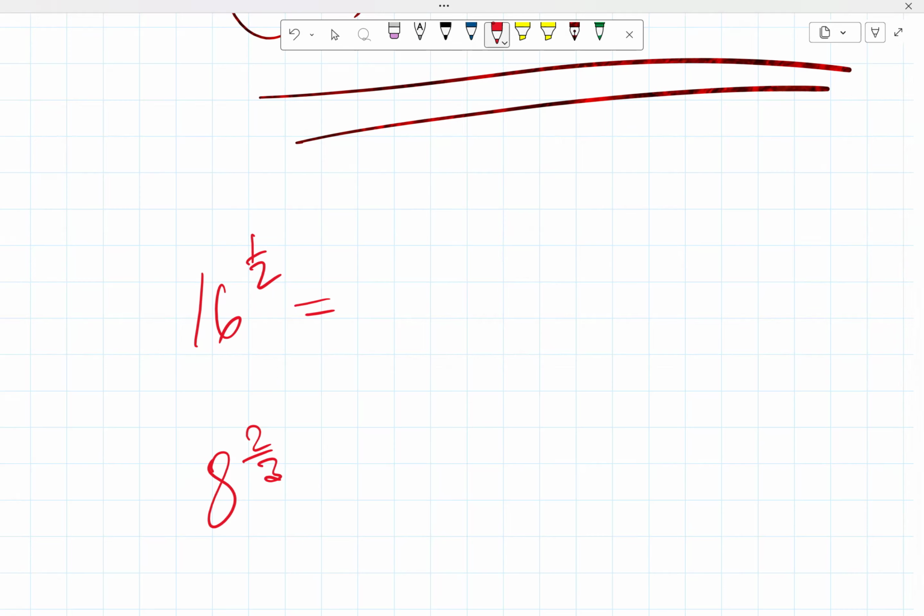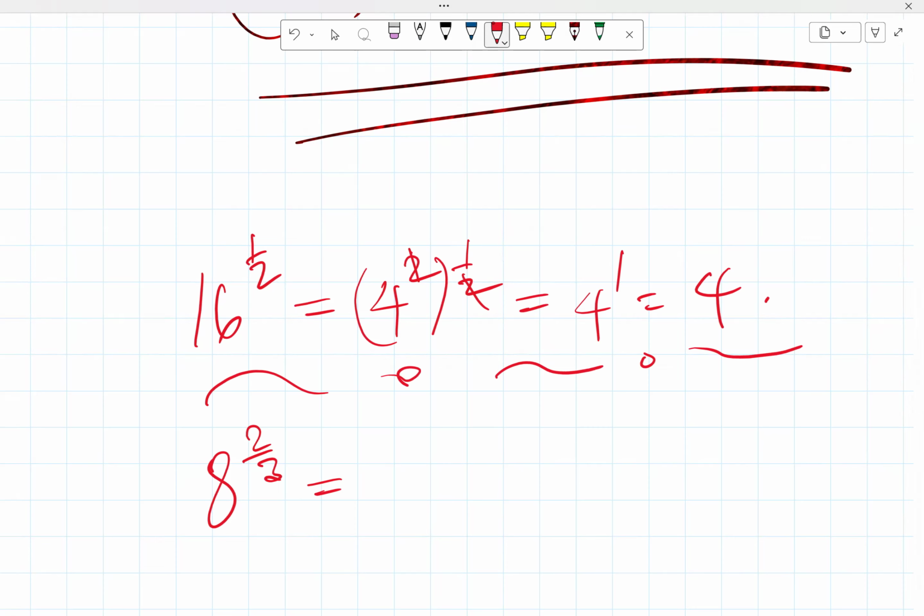You can say it is 4 squared, raised to the power half. You can also say 2 raised to the power 4. Any one you want is fine, you still get the same answer. So 2 cancels, 2 times half is 1. So you have 4 raised to the power 1, and that is equal to 4.